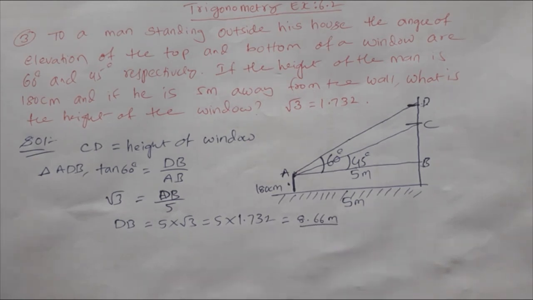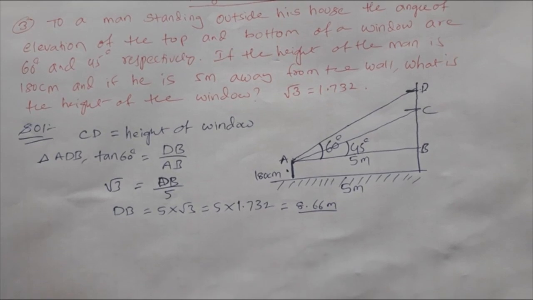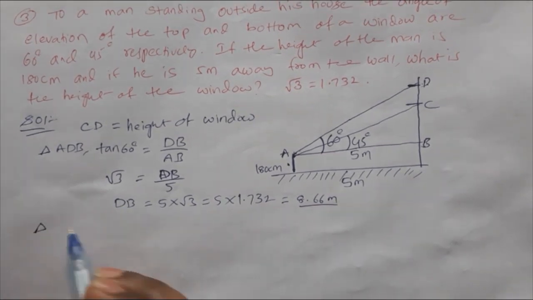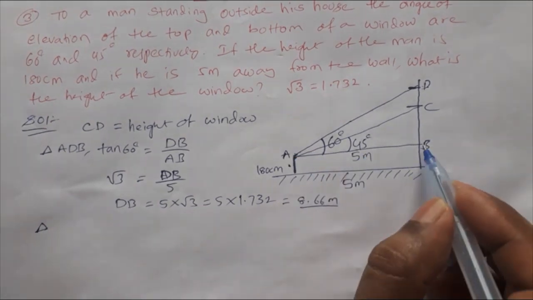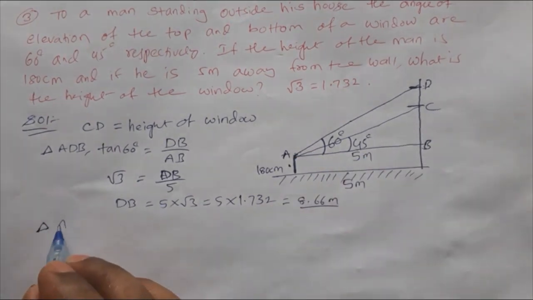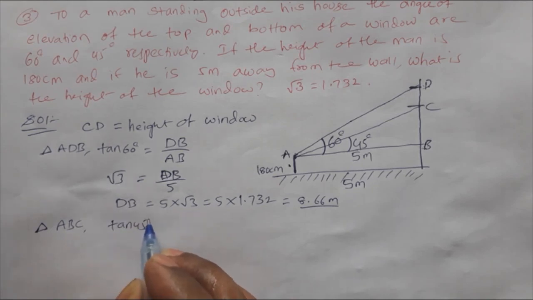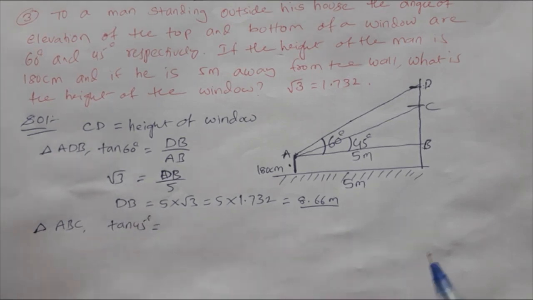Now we have to take one more triangle, triangle ABC. Apply tan 45 for this triangle.